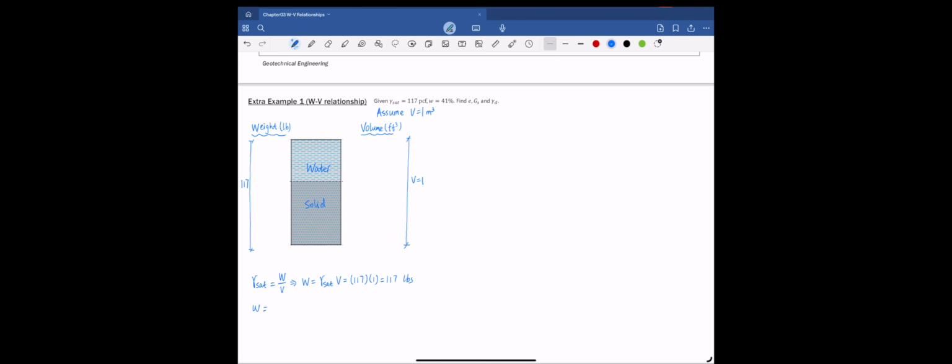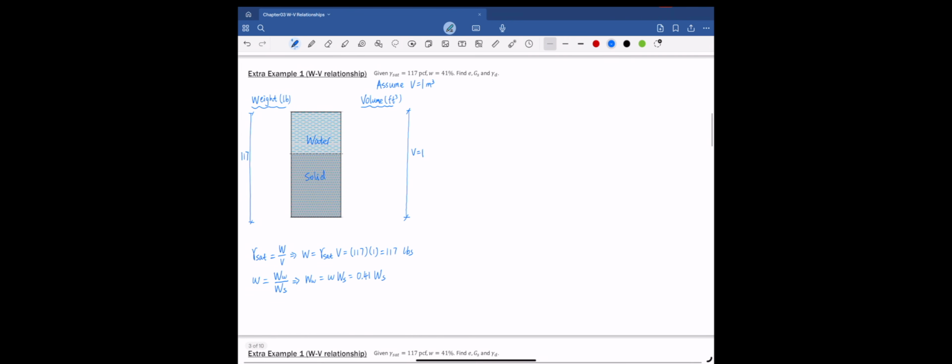The next given information is moisture content, 41%, which is weight of water over weight of solids. From this, we can calculate weight of water as w times weight of solids, which is 0.41 times Ws. Then the total weight W is weight of solids plus weight of water, which is Ws plus 0.41 times Ws.